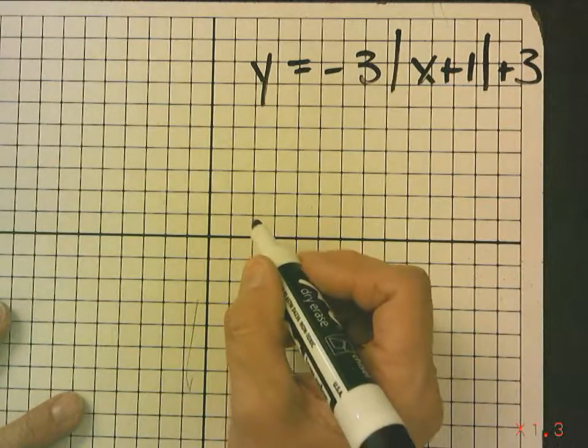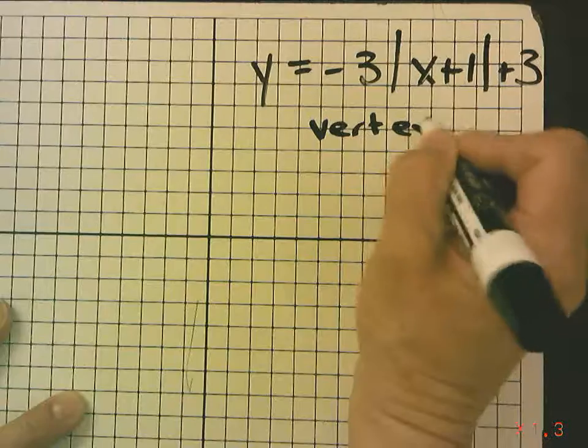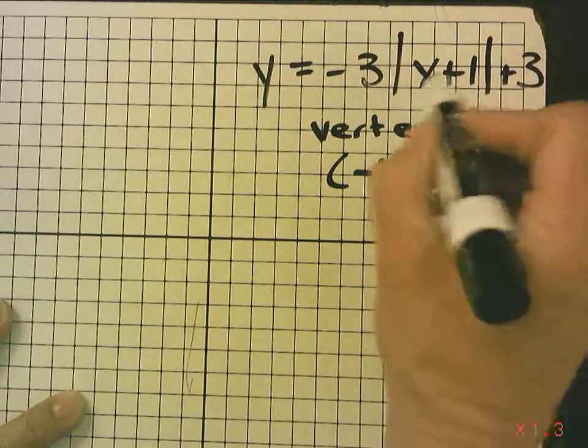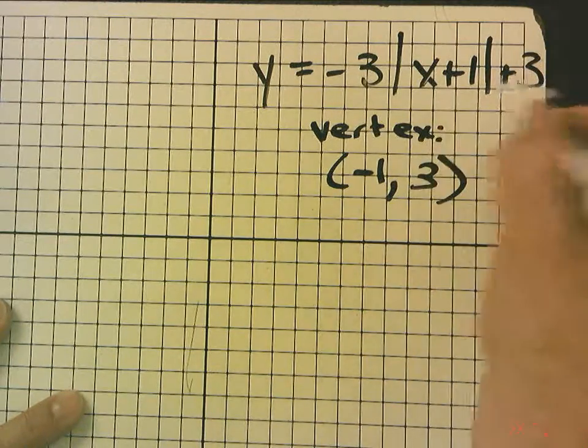Okay, so to graph this, the first thing I find is the vertex. Now, my vertex is -1, 3. I find that because it's the opposite of what's in the absolute value sign with the x, and 3.